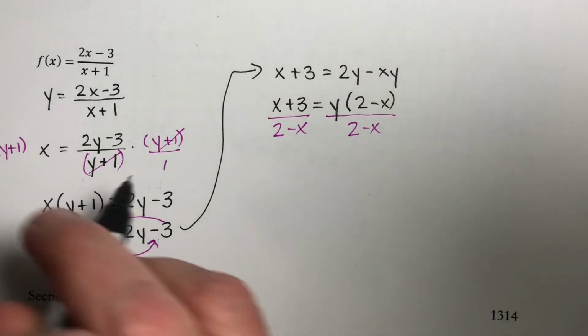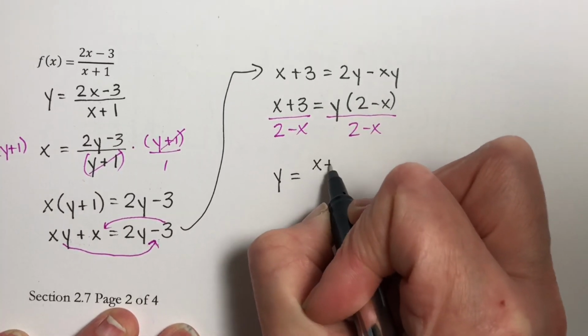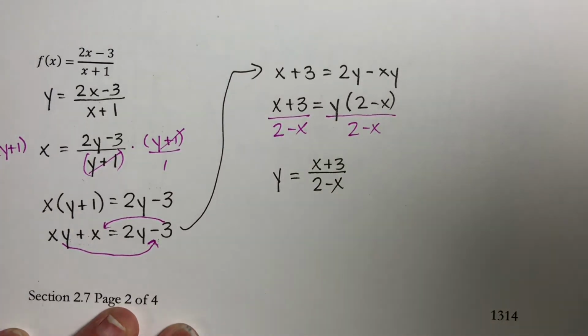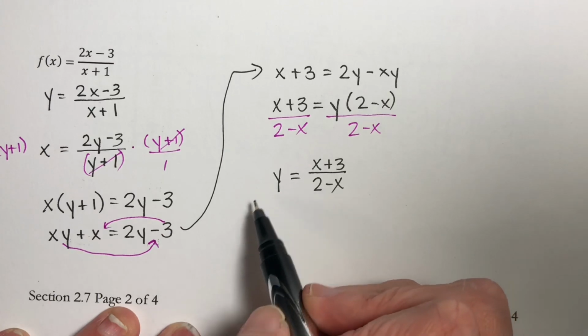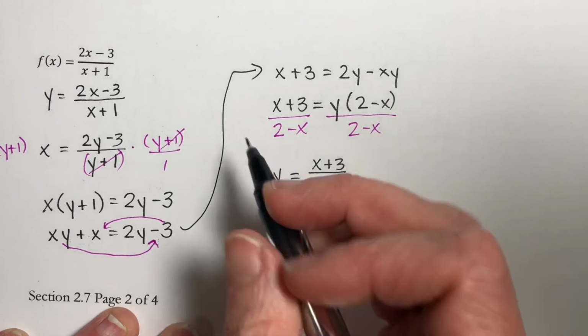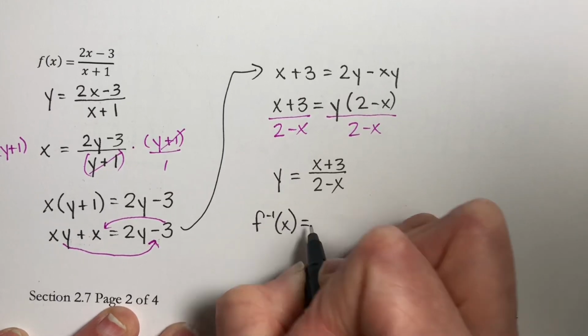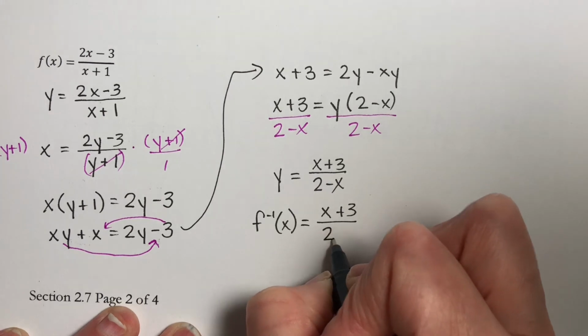And I am just about done. I have y is equal to (x plus 3) over (2 minus x). So I have my y by itself now, and then my last step is to change this y into f inverse of x is equal to (x plus 3) over (2 minus x).